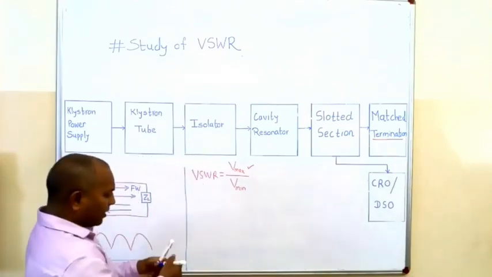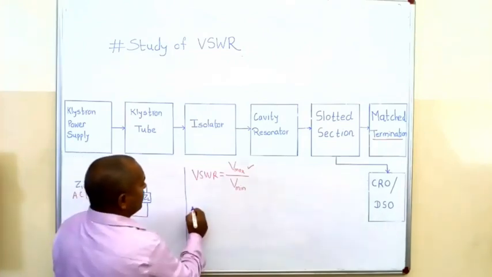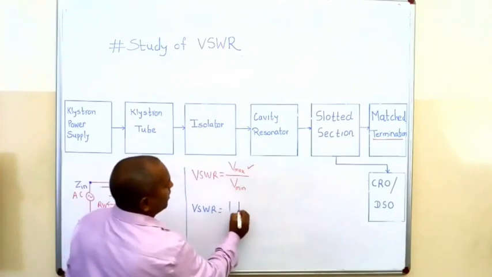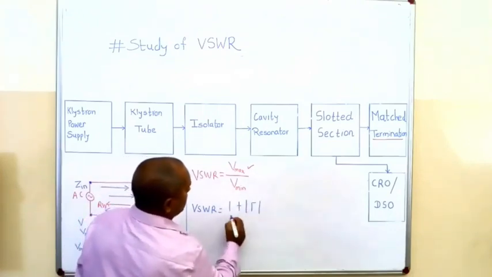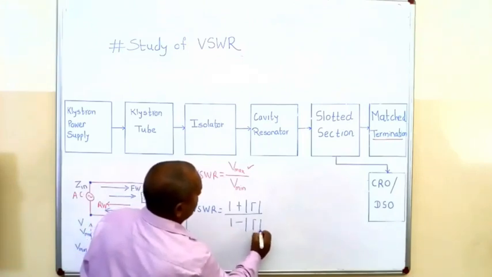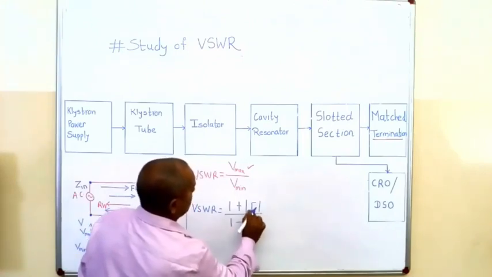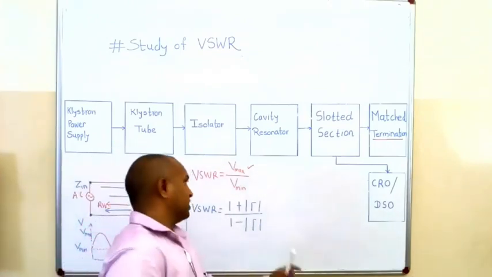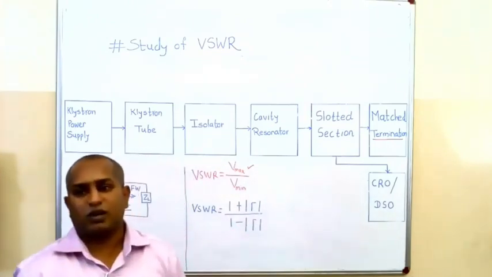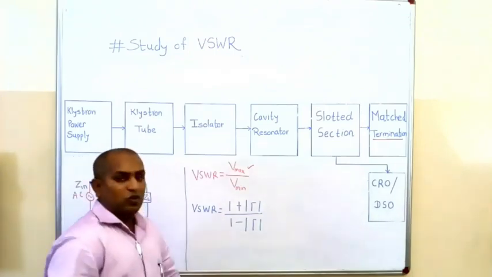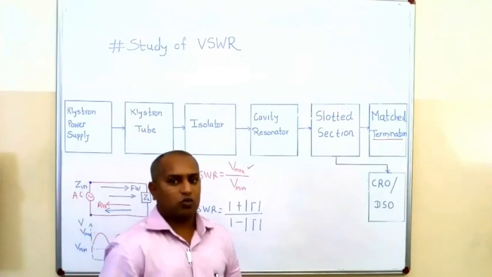Theoretically, we can write this VSWR as 1 plus mod of tau divided by 1 minus mod of tau. This parameter tau is nothing but the reflection coefficient.